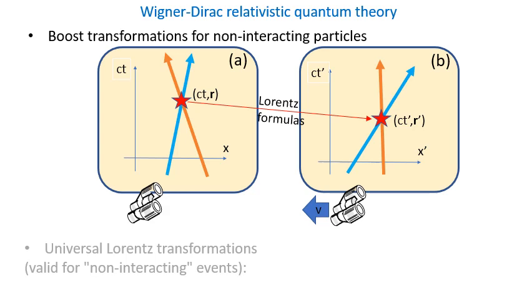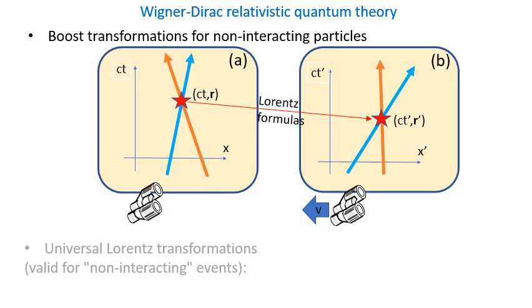Of course, we are most interested in boost transformations. Let us start from the simplest case of non-interacting particles. In the left panel, I've shown space-time worldlines of two particles, blue and brown, which intersect at a point with the time coordinate ct and space coordinate vector r. From the point of view of a moving observer, the worldlines will be different, of course.